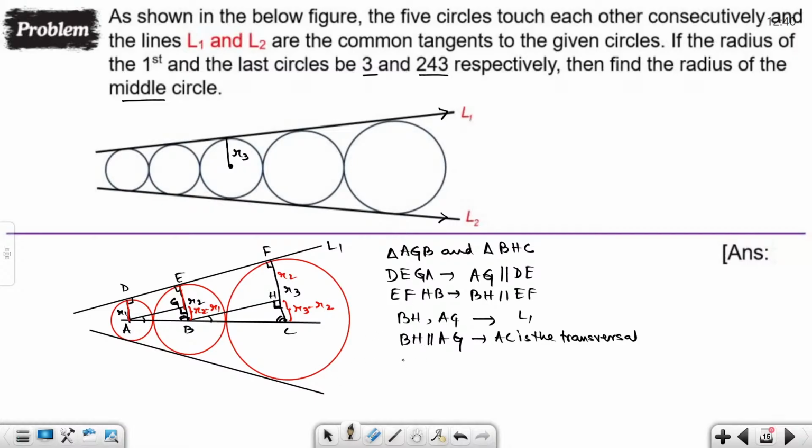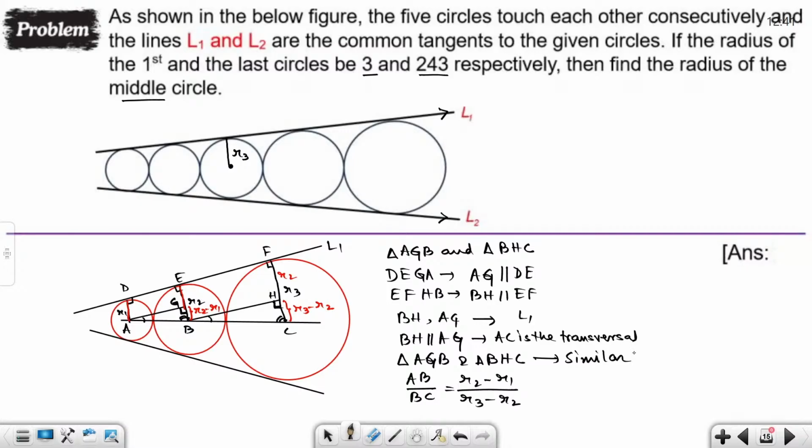Therefore, triangles AGB and BHC are similar triangles. If they are similar triangles, we know that their sides are in proportion. So can we write AB over BC is R2 minus R1 divided by R3 minus R2?